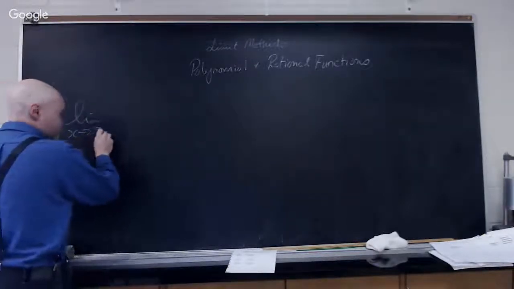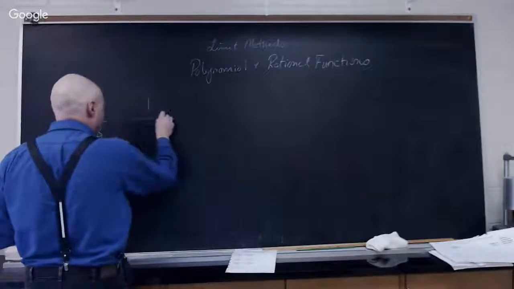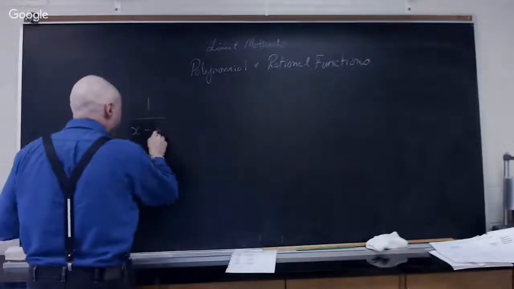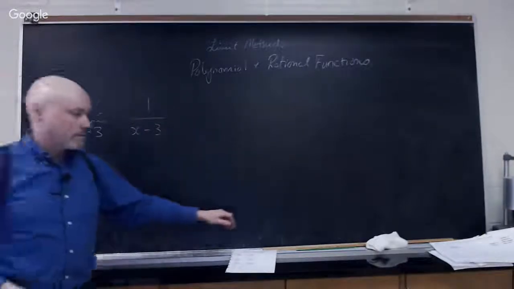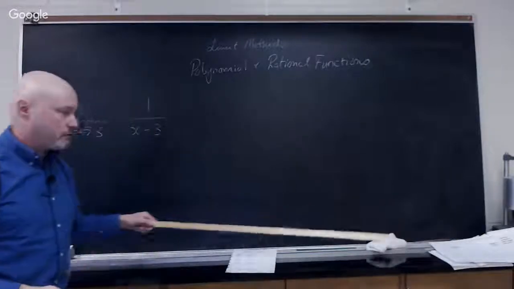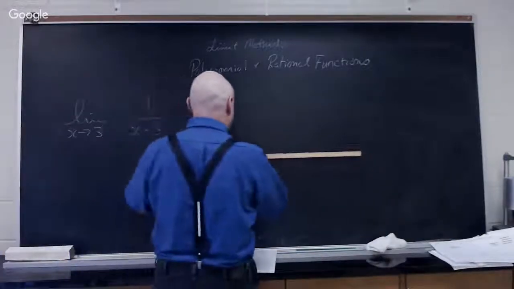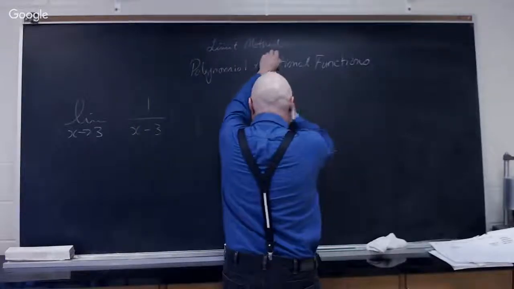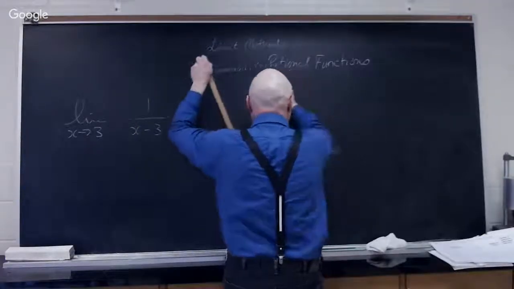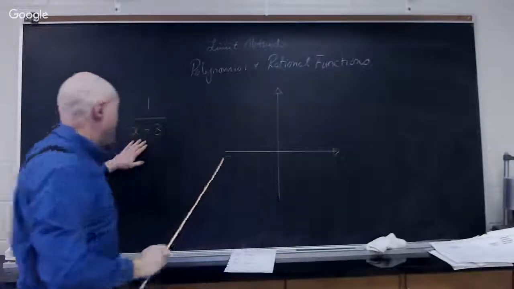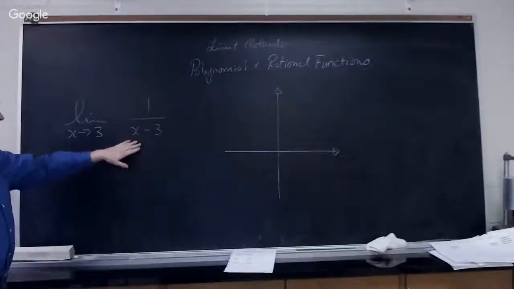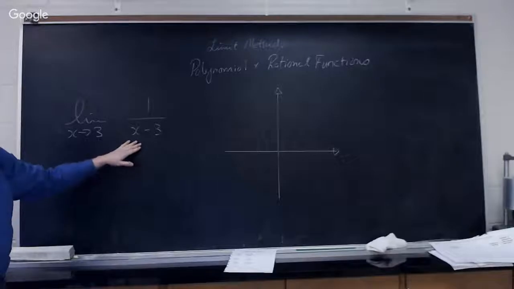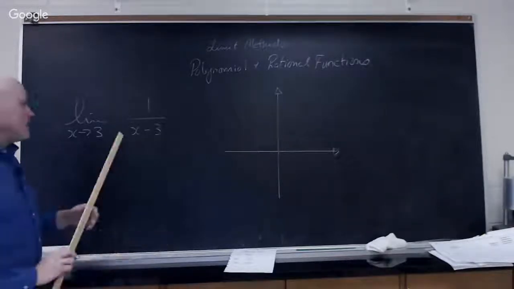Limit as x approaches 3 of 1 over x minus 3. And so this is just a simple reciprocal function. And if we look at this, we learned how to graph these in advanced functions pretty easily. So if I plug in a 3 into this, I get a 1 over 0, that's bad news.